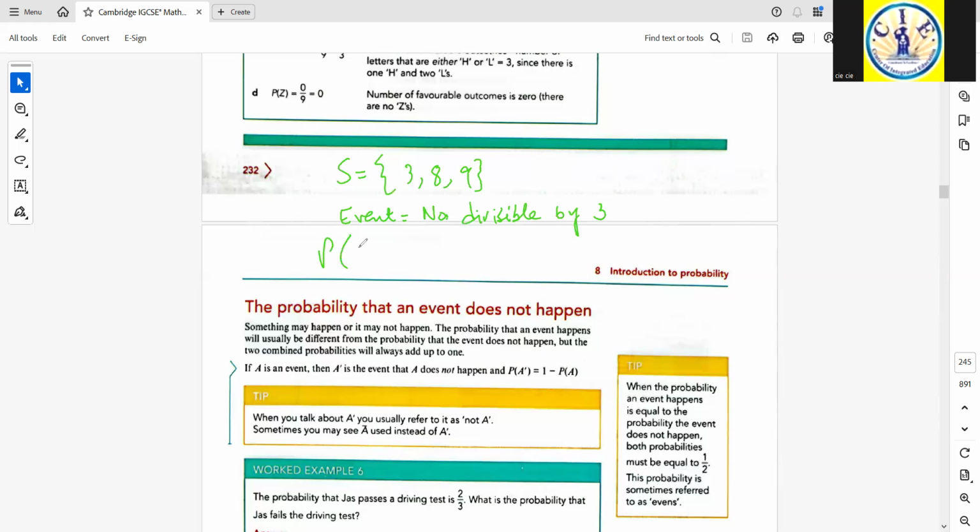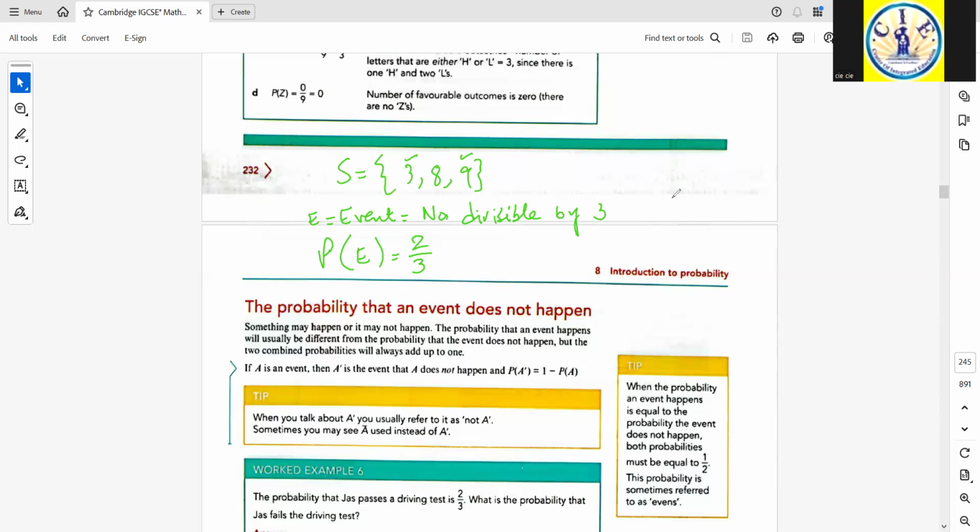So the probability of this event E, which is divisible by 3, is obviously this and this. Two numbers out of three numbers are divisible by 3.